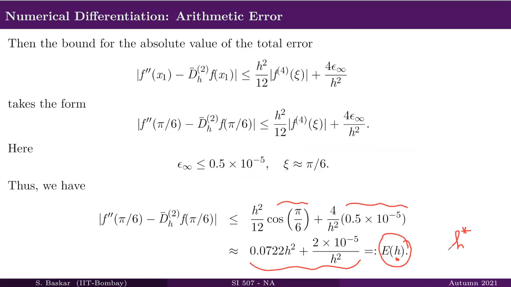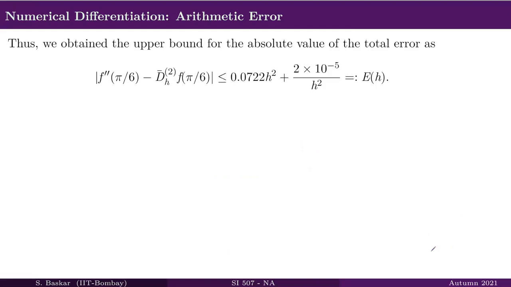And that critical point h star is obtained as the minimum of this function, right? Now, how to find the minimum of this function? Well, we know how to find the minimum of this function e of h.